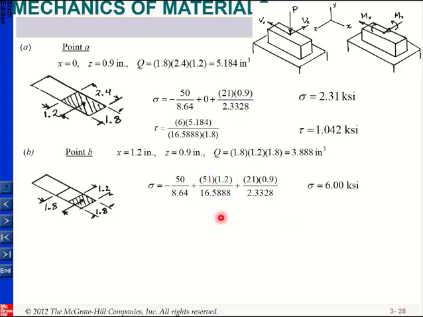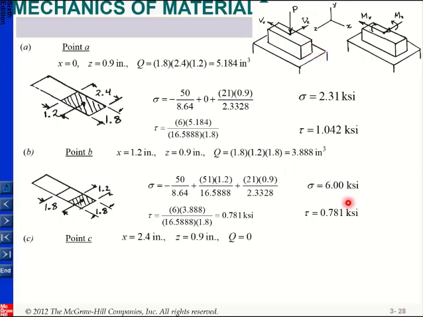And if you find your T, again I can use VQ over It, and since I'm looking at this point, I expect something smaller. That's why I get a little bit lower, because my Q is smaller. And lastly we will look at point C, which is at the corner, and you can write the coordinates, so you know what X and Z are.